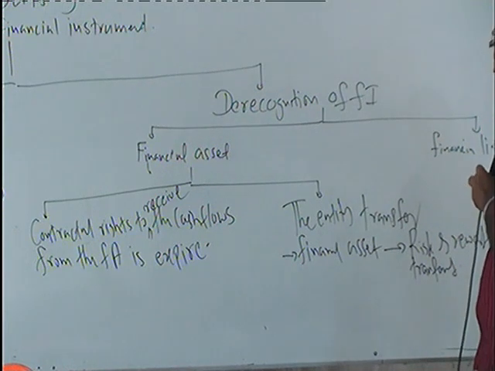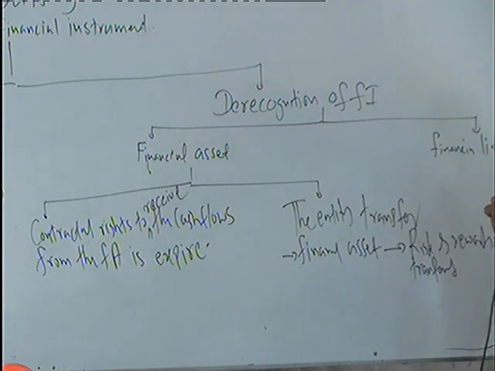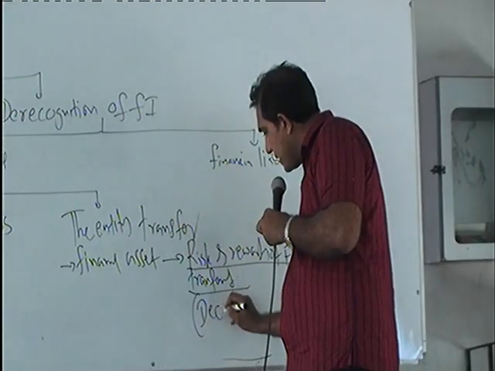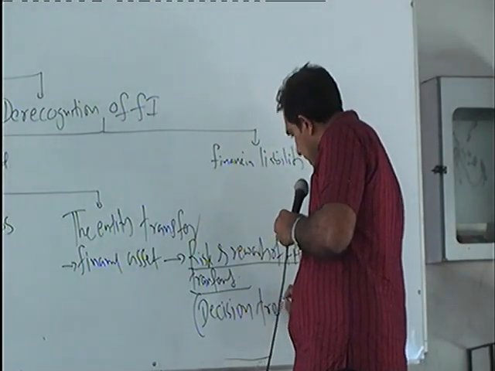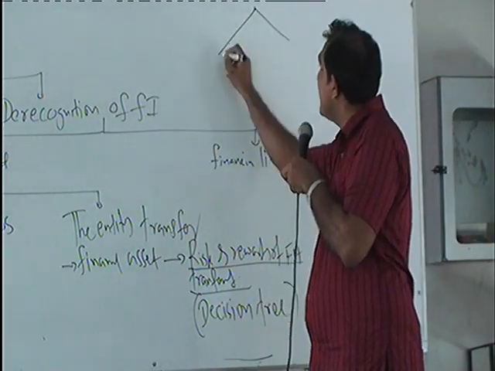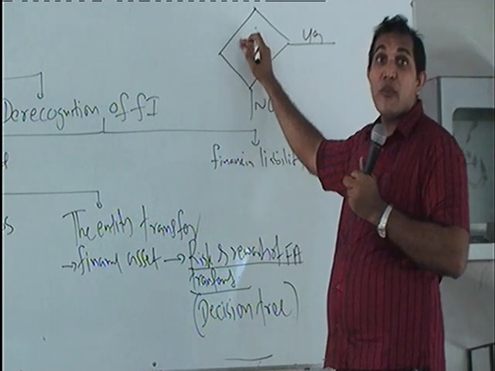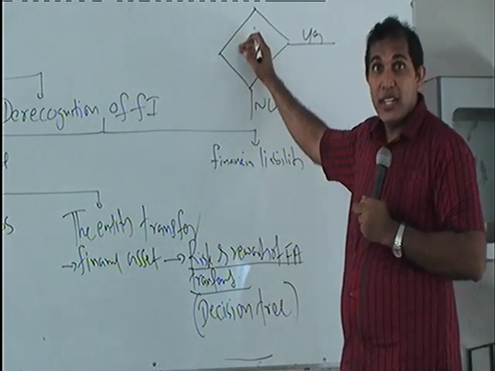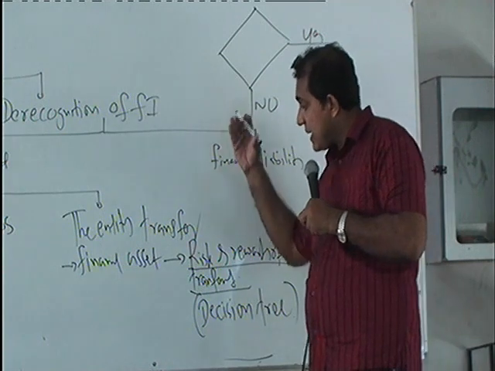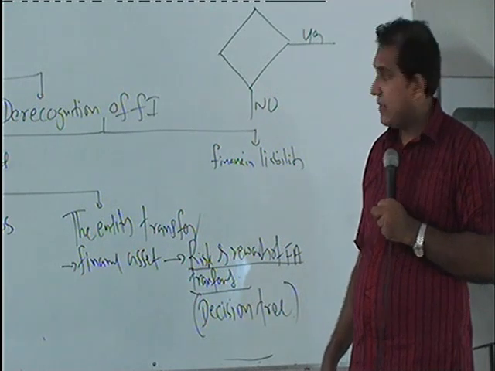Risk and rewards transferred. These are the things that we need to check, particularly risk and rewards. This needs to be done through a decision tree. Have you heard about a decision tree? Yes, no. This is the symbol for the decision. Likewise, we have to ask a couple of questions in order to ensure whether risk and rewards of the financial asset are transferred from seller to buyer.